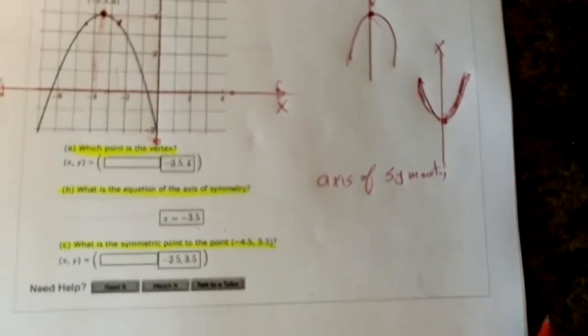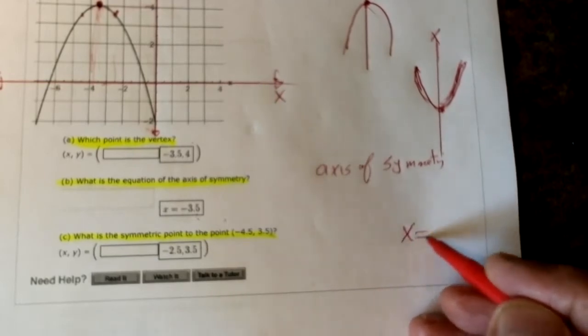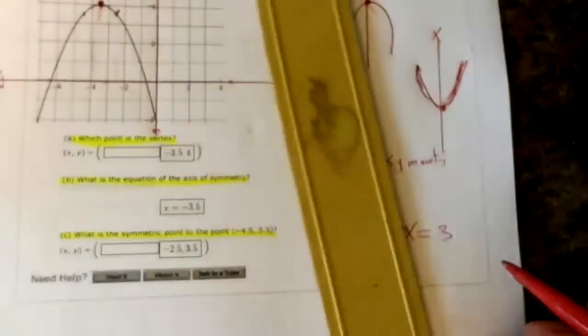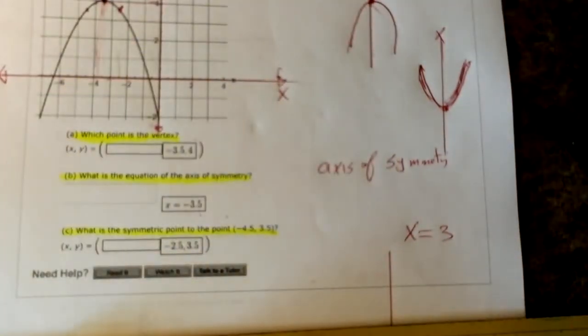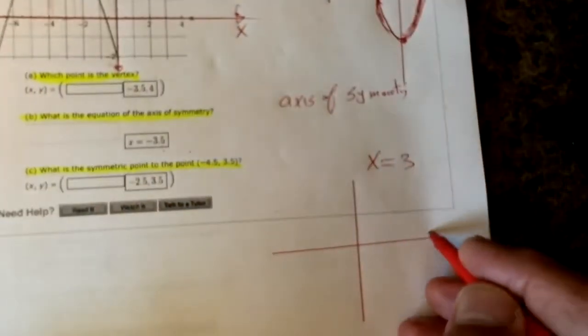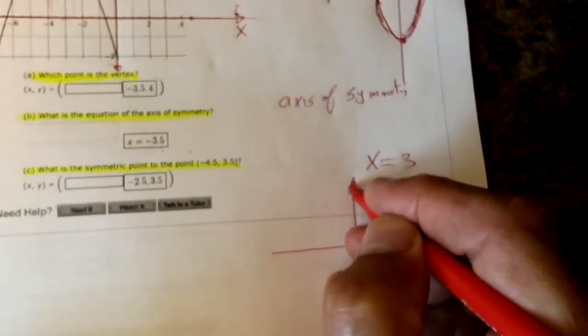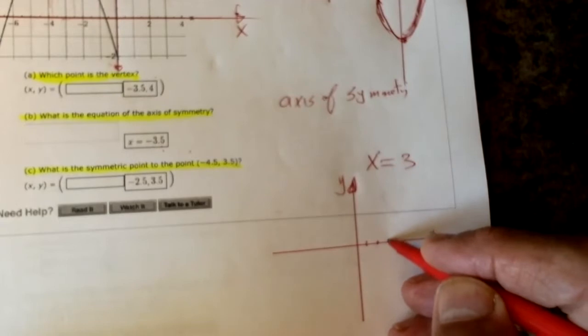You know, in algebra, when we ask you to graph x equal 3, how do I graph x equal 3? You go on the x-axis, you find 3.